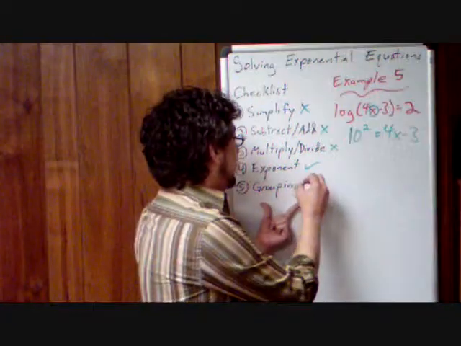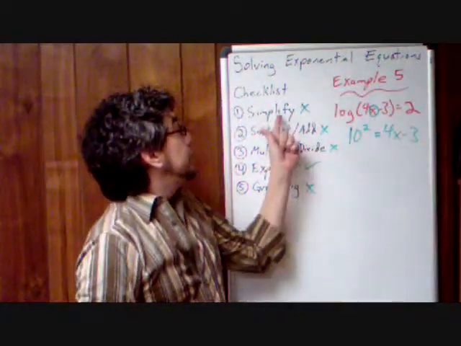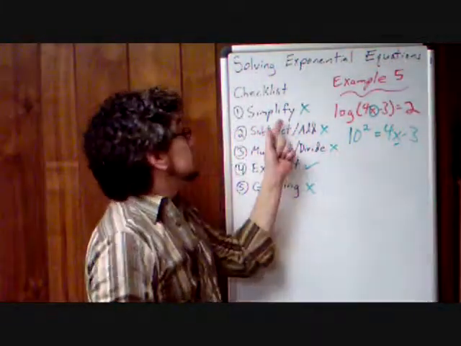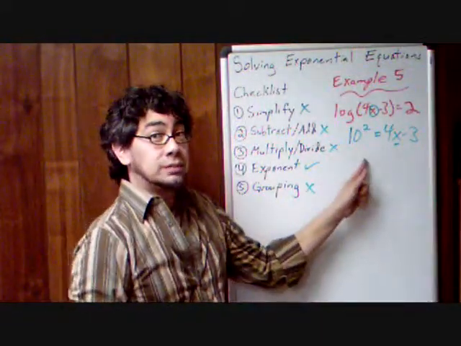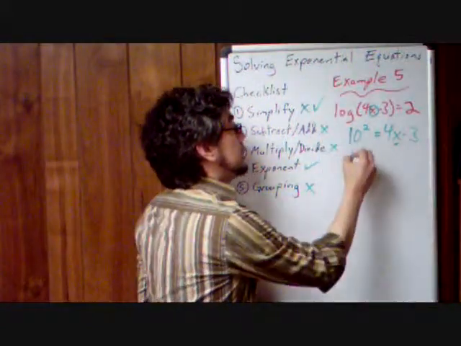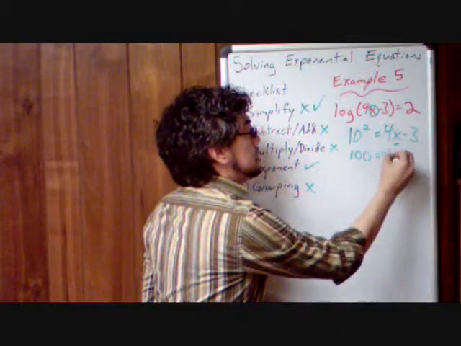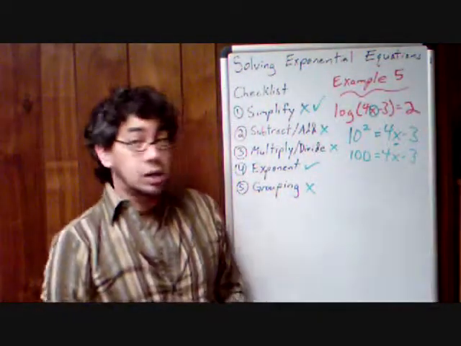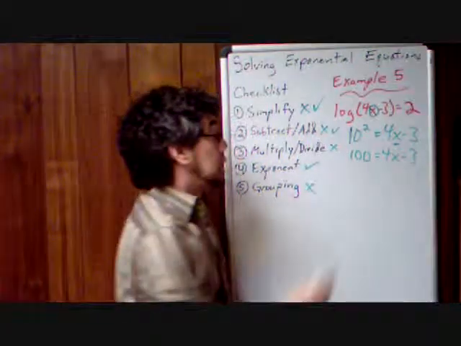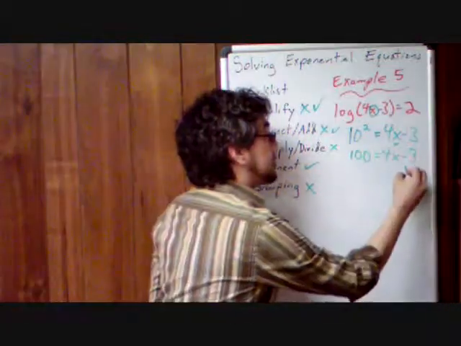Grouping, no grouping. But now we come back up again, because we still don't have x isolated, to simplify. We do have a simplify now. 10 to the second power is 100. And keep on writing the rest of our equation. Add, subtract. We do have an add, subtract now. Opposite of subtracting 3, add 3.